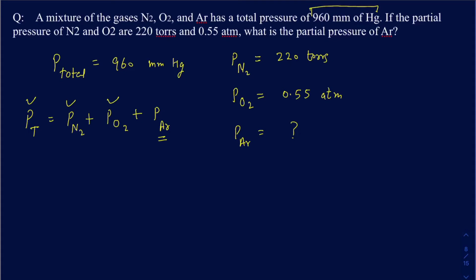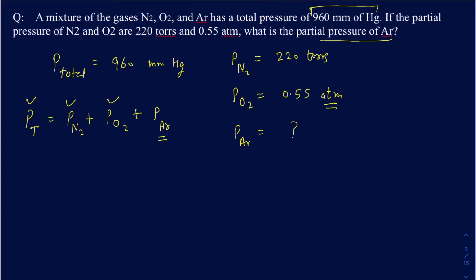The only problem here is they're all in different units, so make sure you get everything in the same unit. It doesn't ask what unit you want for the argon, so you can pick any one of those units as your common unit. I'll go with the atmosphere because that's the most common unit of pressure used in chemistry.